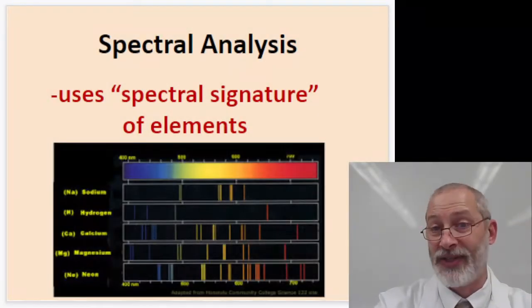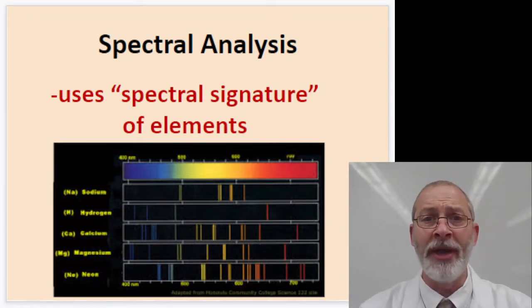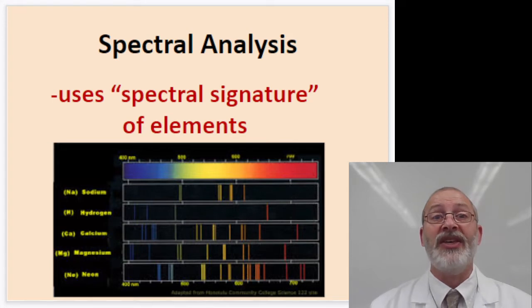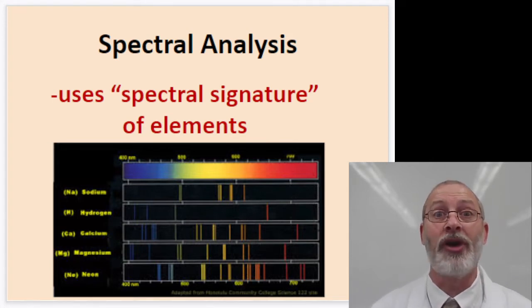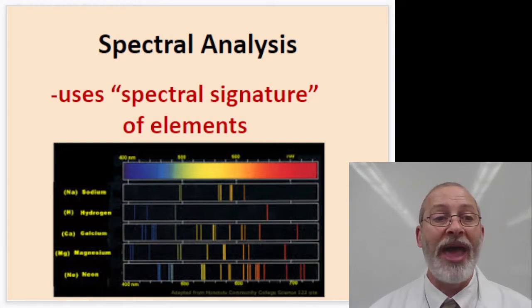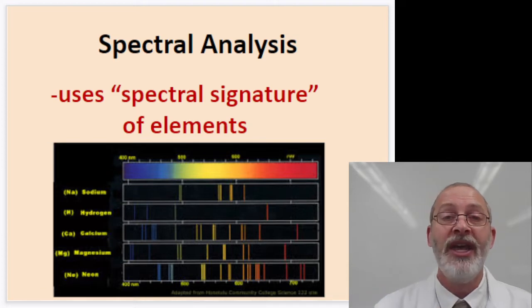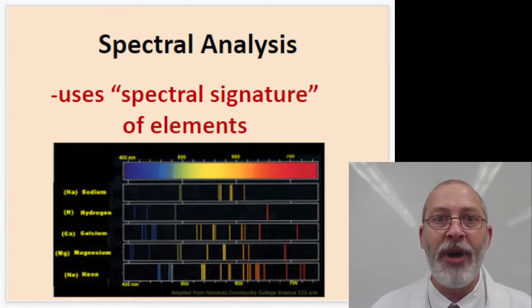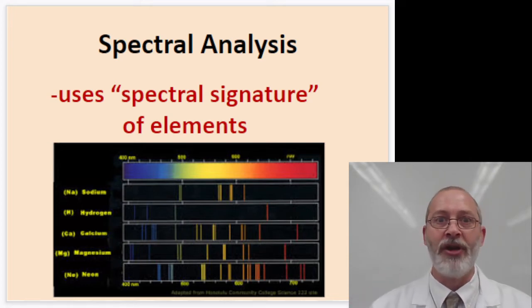In our lab activity this week, we are going to be doing something called spectral analysis. As we mentioned in the previous lesson, spectral analysis is like detective work for astronomers because we use spectral signatures, or the fingerprints of different elements, with a luminous body, meaning a body that's giving off light.